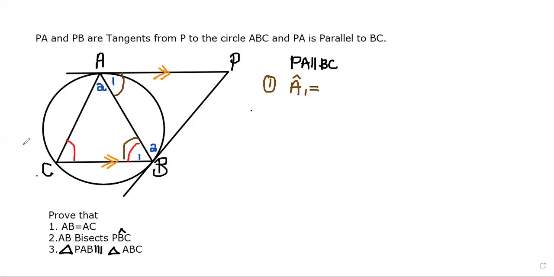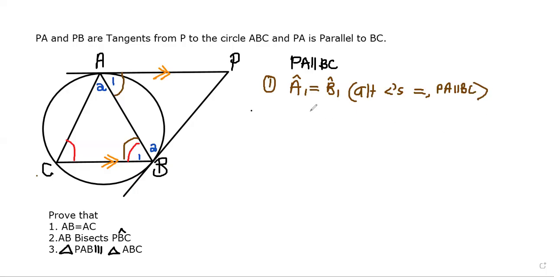The reason will be alternate angles are equal, because PA is parallel to BC. Do you see? That is going to be your reason.